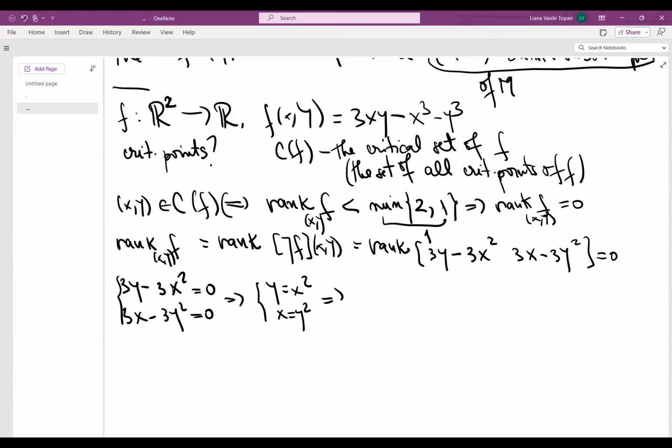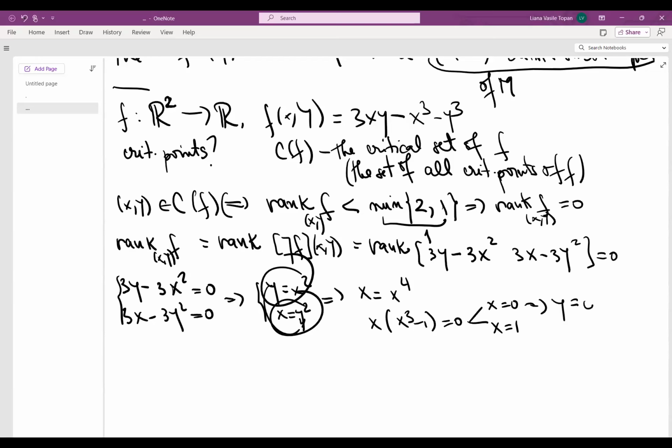If we replace it, we take this y and put it here, so we have x equals x to the power 4, or x times (x cubed minus 1) equals 0. So you have x equals 0, you have x equals 1. If x is 0, then y is x squared, so 0, and here y equals 1, right?